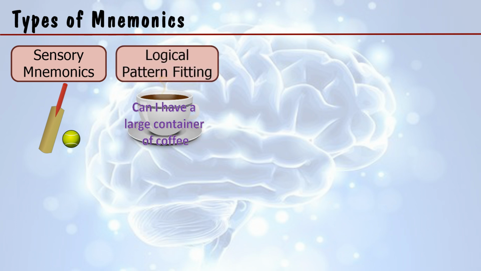In the logical pattern fitting kind of system, we do not just depend on visuals or other senses directly. We also try to connect some kind of logic with the sense. For example, remembering the value of pi with the sentence, can I have a large container of coffee, is this kind of logic where the number of characters are logically associated to the number.